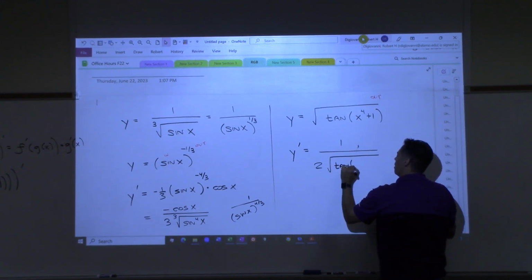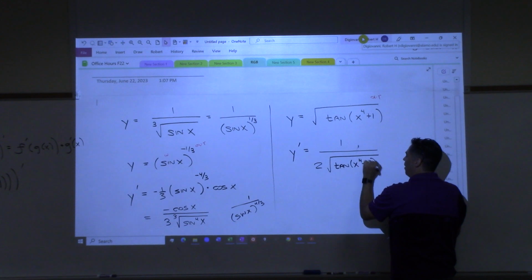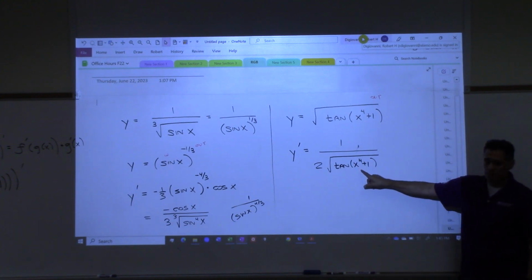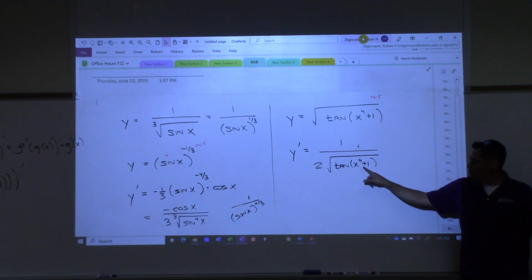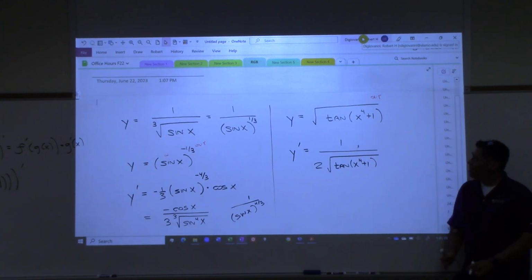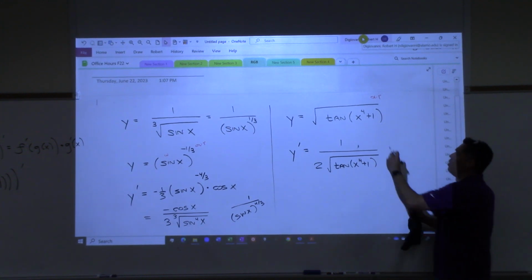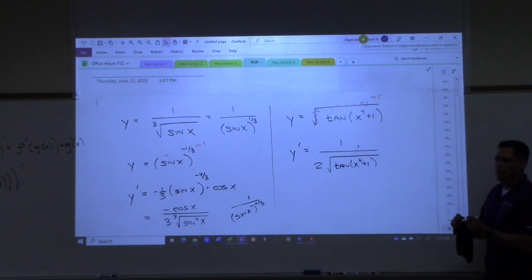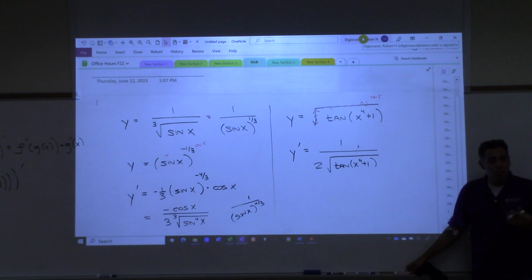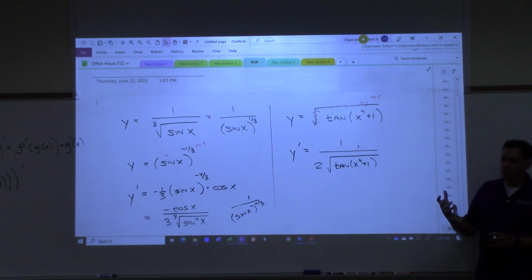Tangent of x to the fourth plus 1. The whole rag is underneath that root. Now I have done the derivative of the outer one, so I'm no longer concerned about looking at that. And now I'm back to where I was a minute ago, where I only have a function inside of another one.